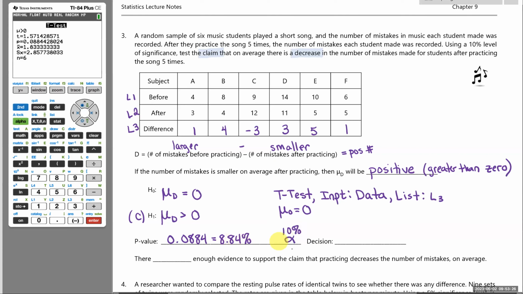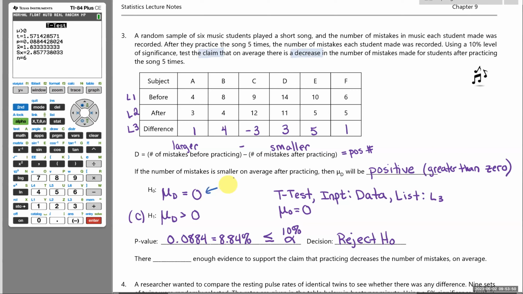So 8.84% is smaller than 10%. Technically, we say less than or equal to, but it is smaller. And then we're back to our rhyme. If the p-value is low, lower than alpha, we let the null go. So if the p-value is low, the null must go. So we know we're going to reject the null hypothesis.